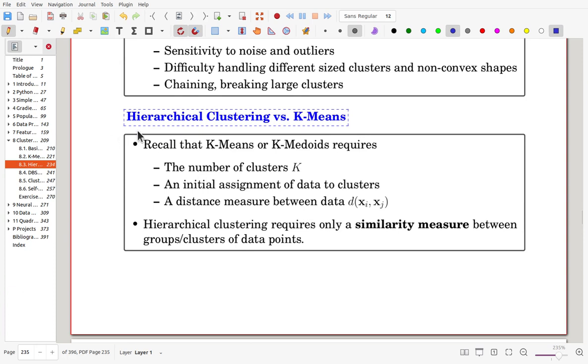Here we compare hierarchical clustering and K-means. K-means and K-medoids require the number of clusters.